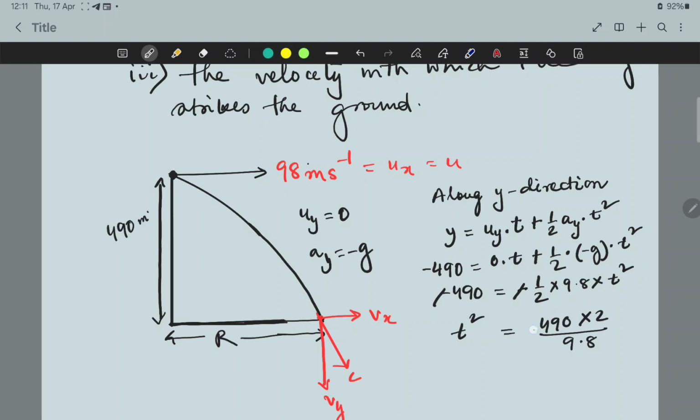If we cancel this by 49, then 49 tens are 490 and 0.2, so that becomes 400.